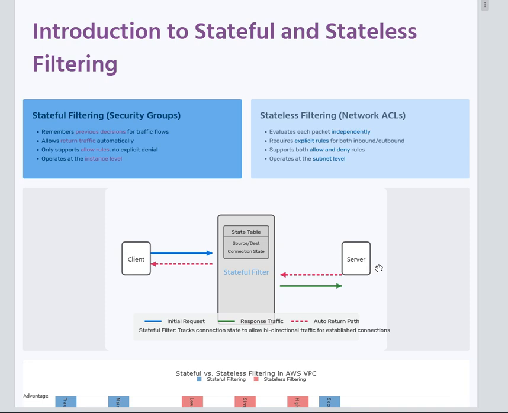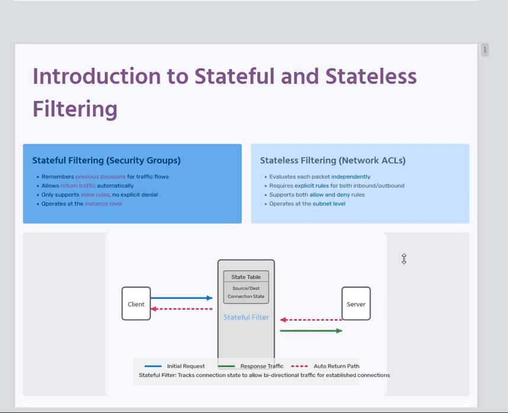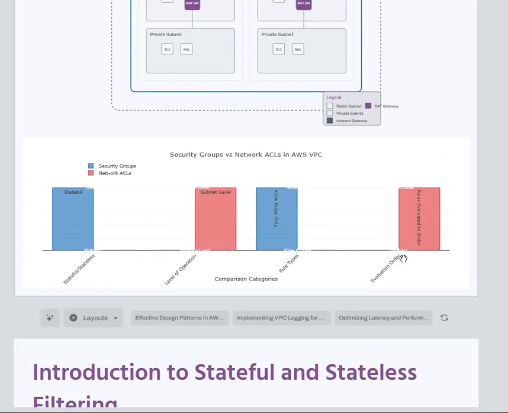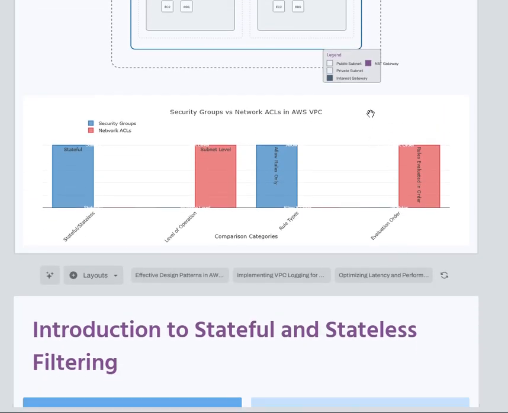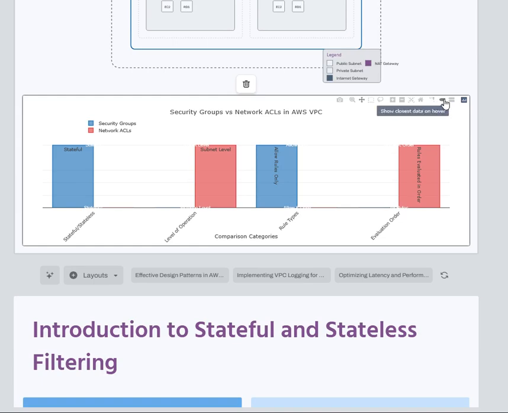So let's go back and have a look at the previous graph and what it says. It compares security groups versus network ACLs in an AWS VPC. In the blue color, we use security groups, and in the red color, we use network ACLs.